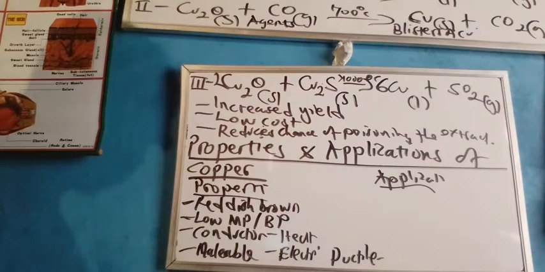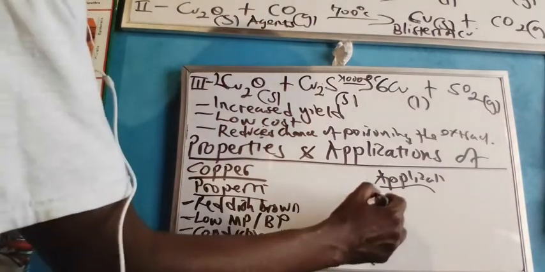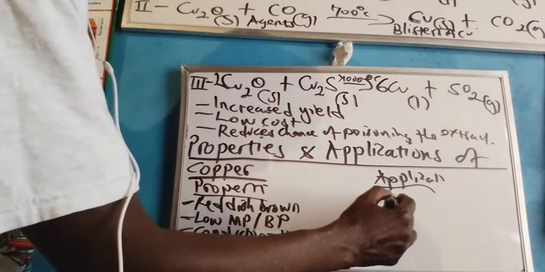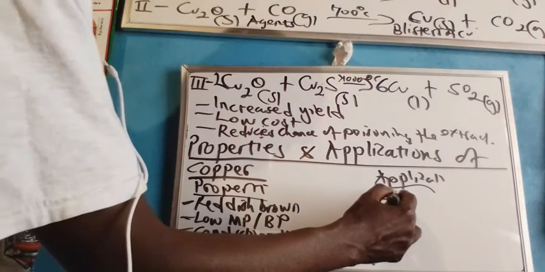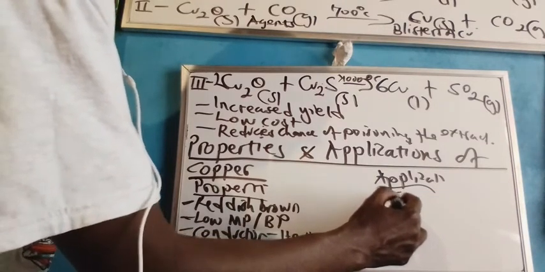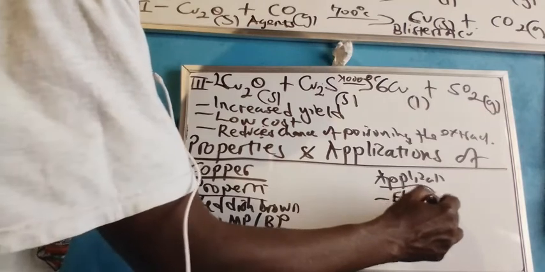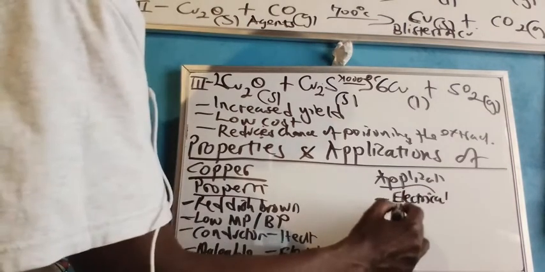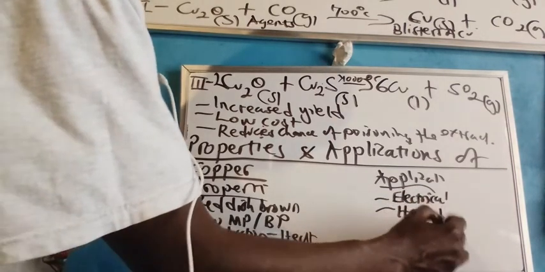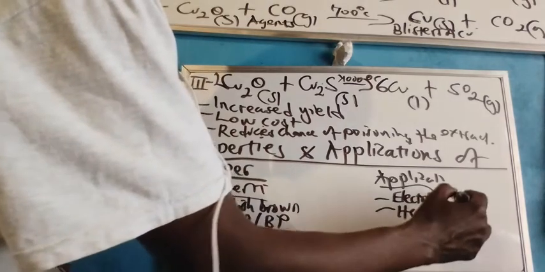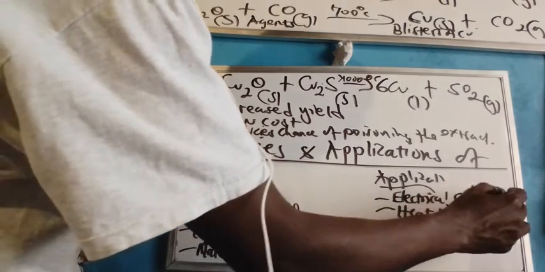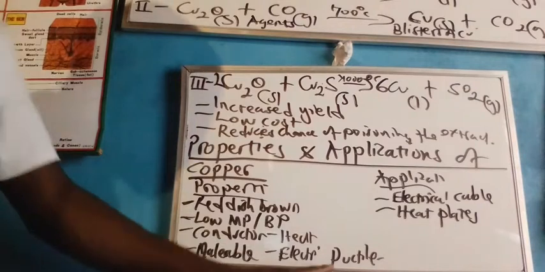Now, the fact of it being malleable makes it suitable for use in manufacture of electrical plates. Let me talk of heat plates, and electrical cables. Now, because it is ductile, it can be drawn to a wire.